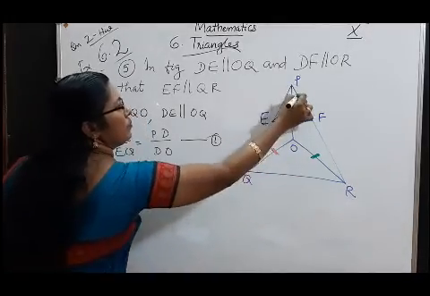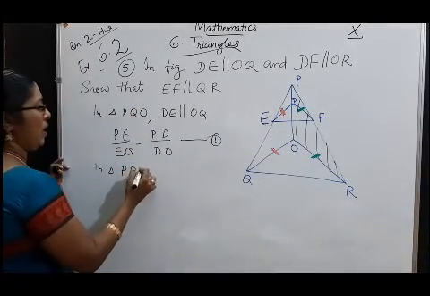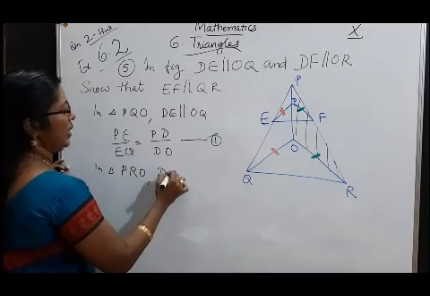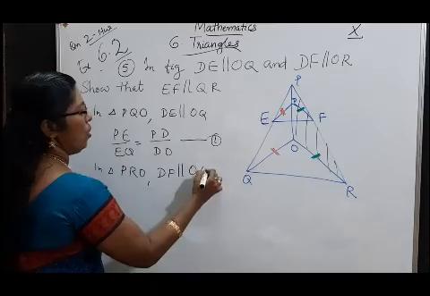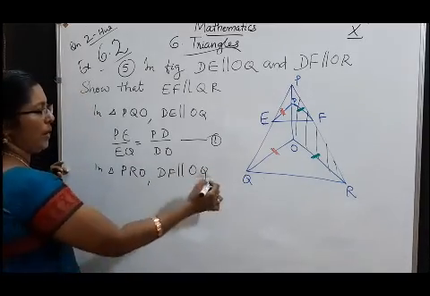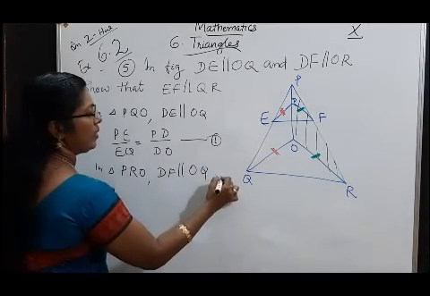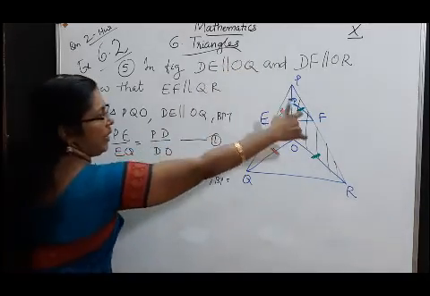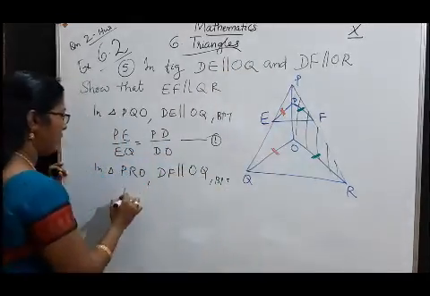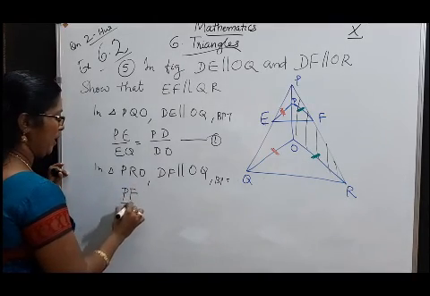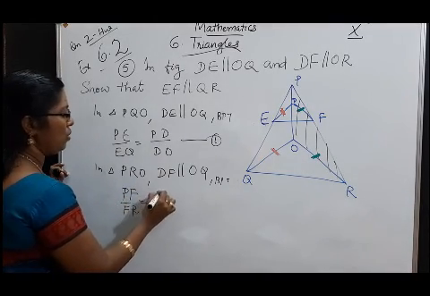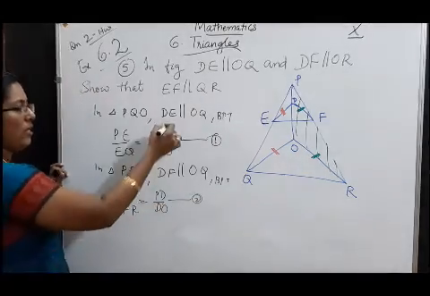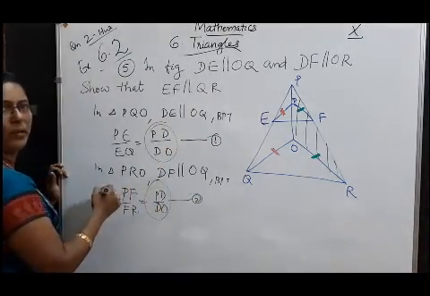DF is parallel to OR, by BPT. The reason is also BPT. PF by FR equals PD by DO. That is equation number 2.